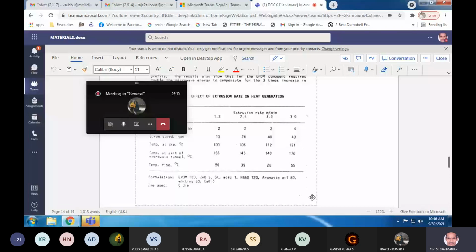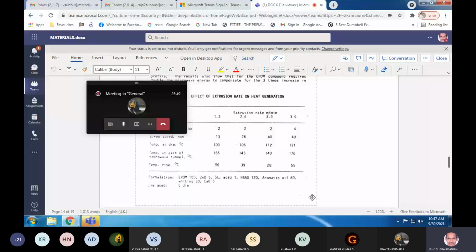Right? So most of the rubber industries today, particularly small and medium, capitalize on the compounding avenues in EPDM. One can add filler, and an equal quantity of oil can be added.